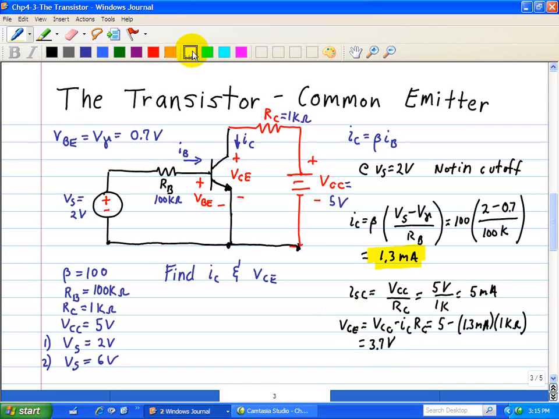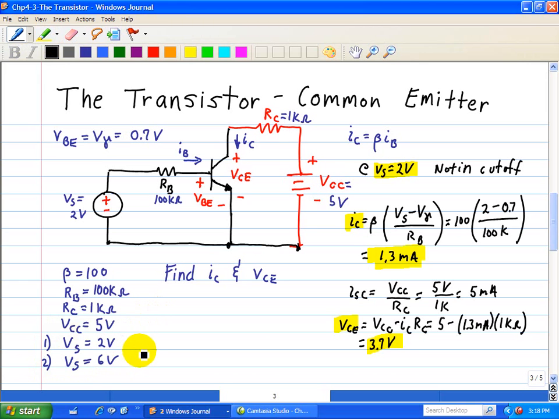So let me highlight that result for Vs equal to 2. VCE is 3.7 and IC is equal to 1.3 milliamps for a voltage of Vs equal to 2 volts. Now let's look at the second case when Vs is equal to 6 volts. When Vs is equal to 6 volts, we assume that the transistor is in active mode.